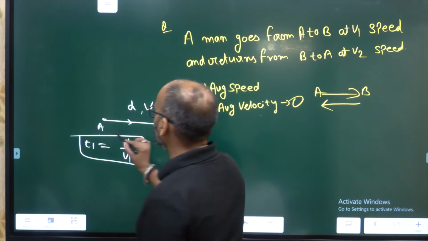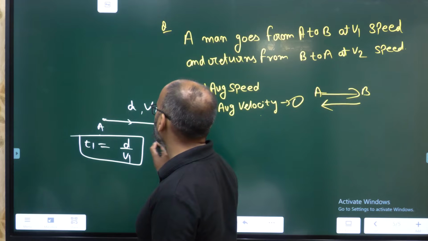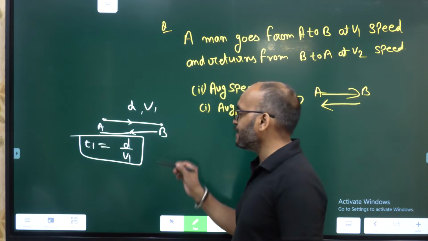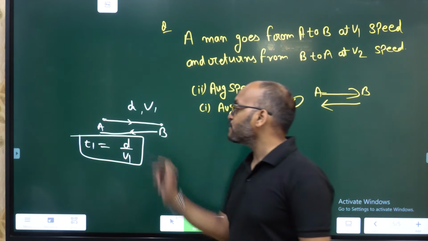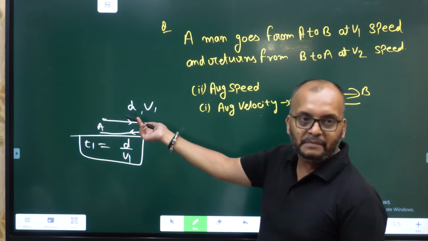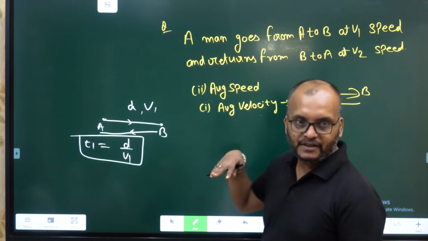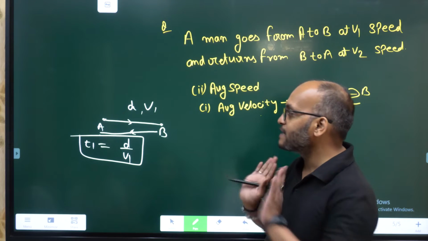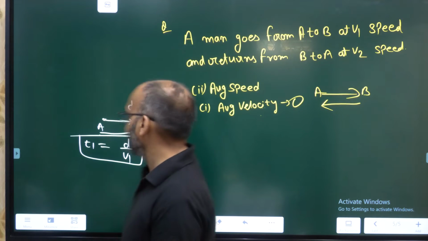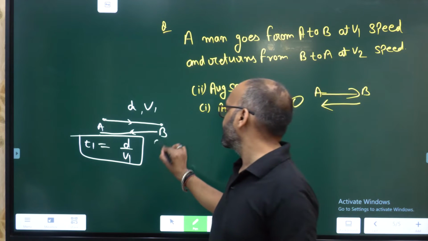Now the man is returning from B to A. My drawing is pathetic, the line is straight. Same length, the distance will be the same. Distance won't change, or will his house get displaced? The house will stay at the same place. So same distance.